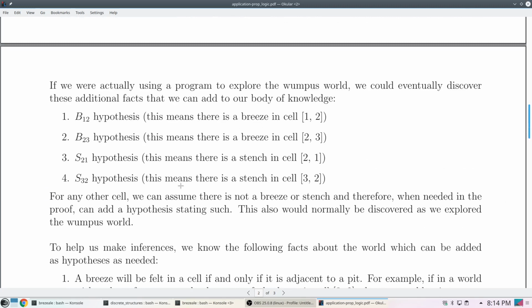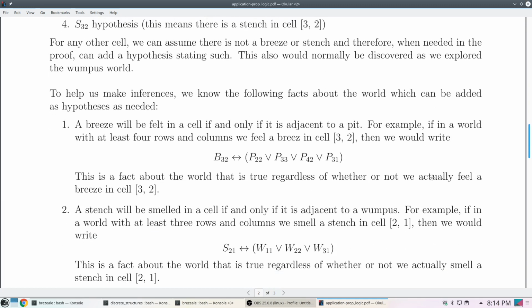So I'm picking up these additional facts, and I also know certain things about how the world works. I know, going back to the original Wumpus World I showed you that was 4x4, there will be a breeze in cell 3-2 if and only if there's a pit in cell 2-2, 3-3, 4-2, or 3-1.